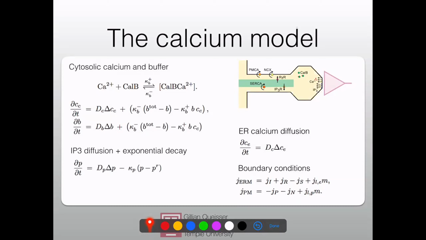On the plasma membrane, there are similar pumps and exchangers like PMCAs and sodium-calcium exchangers, and voltage-dependent calcium channels that operate at the plasma membrane. All of these exchange mechanisms, which are formulated as nonlinear boundary conditions to this PDE model, can be incorporated to simulate the propagation of calcium signals driven by these exchange mechanisms.